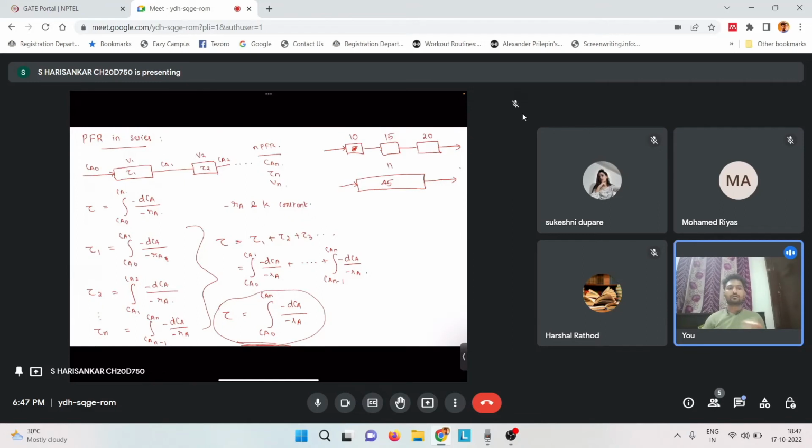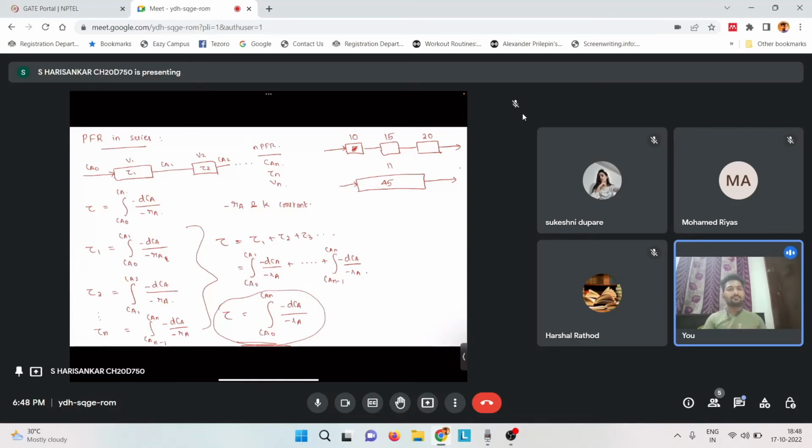Earlier with CSTRs, we noticed that if you have CSTRs in series, it will give you a better conversion, or reduce the volume required for a given conversion. Here, with PFRs in series, nothing of that sort happens. The volume will just get added.